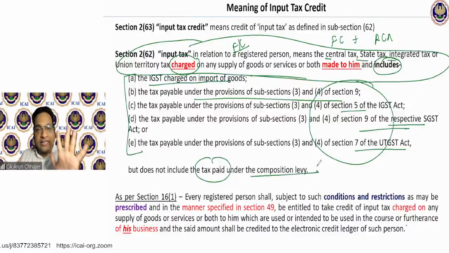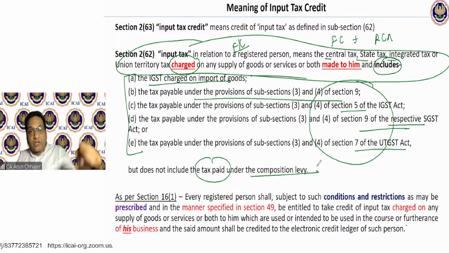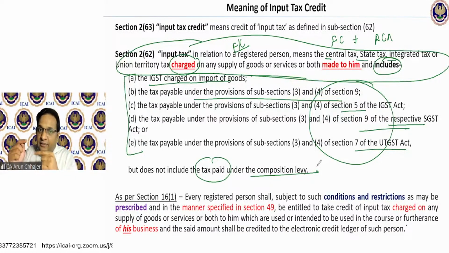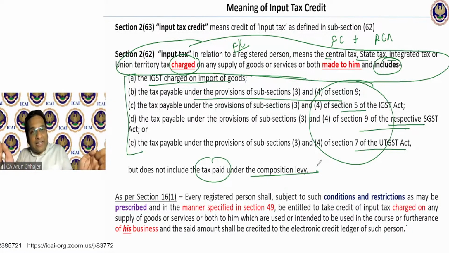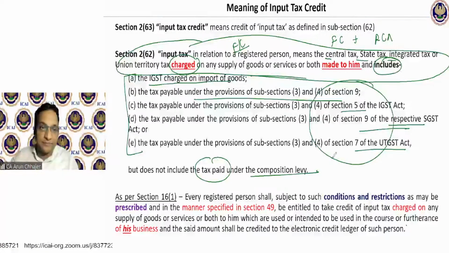We know that in case of composition, I cannot take the ITC on whatever taxes I am paying, because it is not included in the definition of input tax. And we know that the composition taxpayer cannot collect the tax from the recipient, meaning thereby composition can neither collect the tax nor take the ITC.